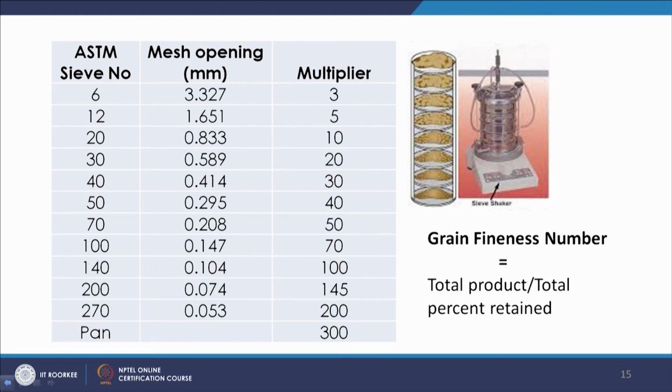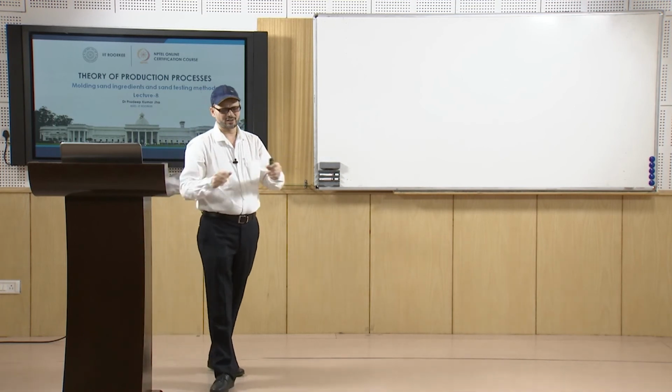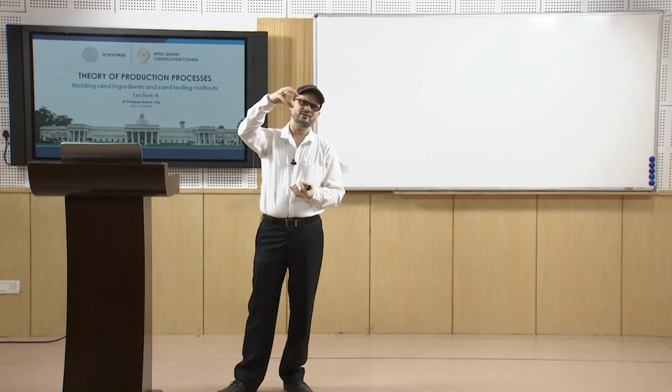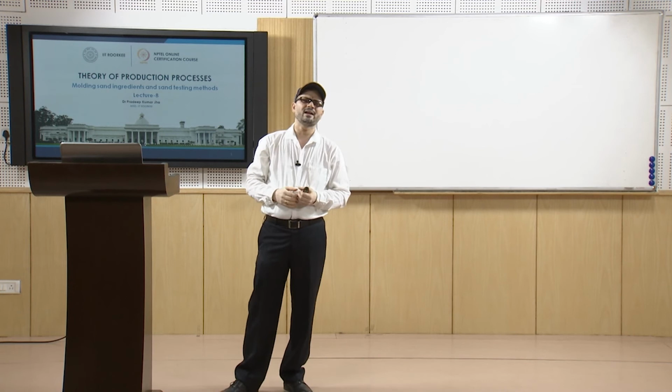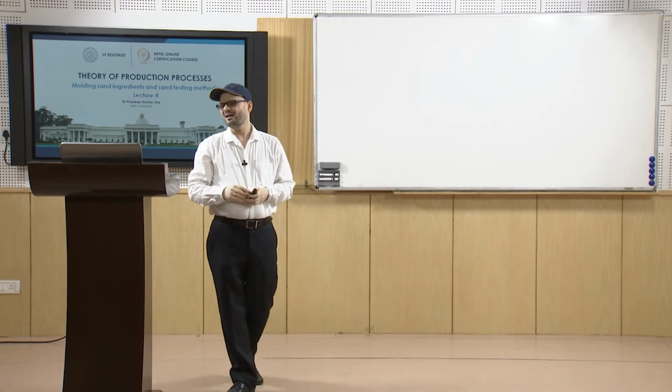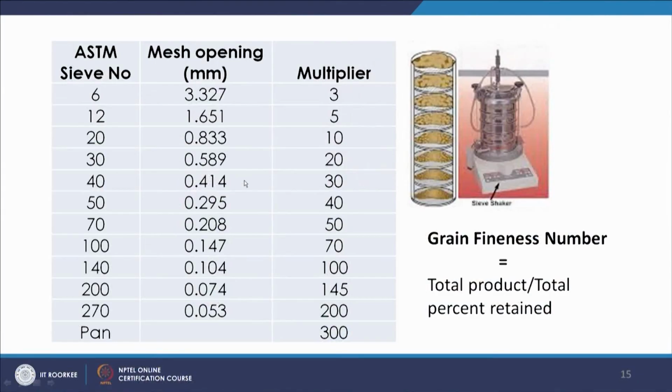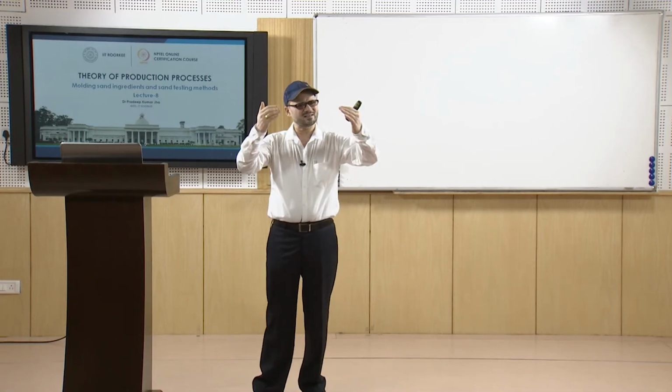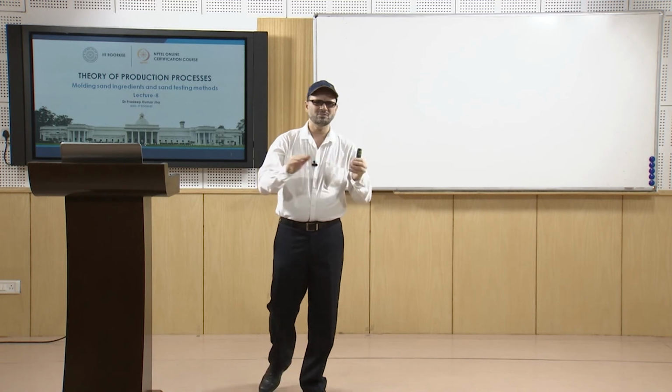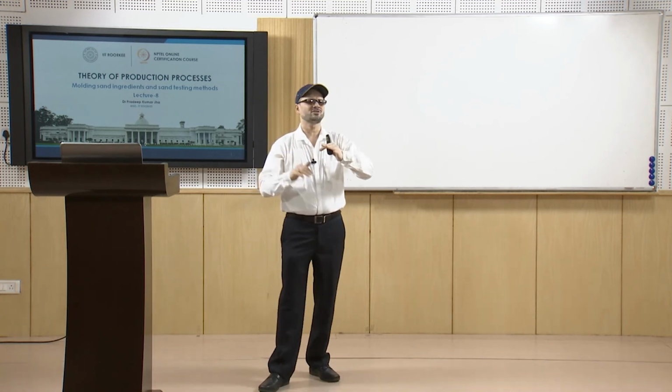Suppose you put 50 gram of sand on the sieves, and after vibration some sieves have quantities like 10 gram, 20 gram and 10 gram, accumulating on certain numbered sieves.